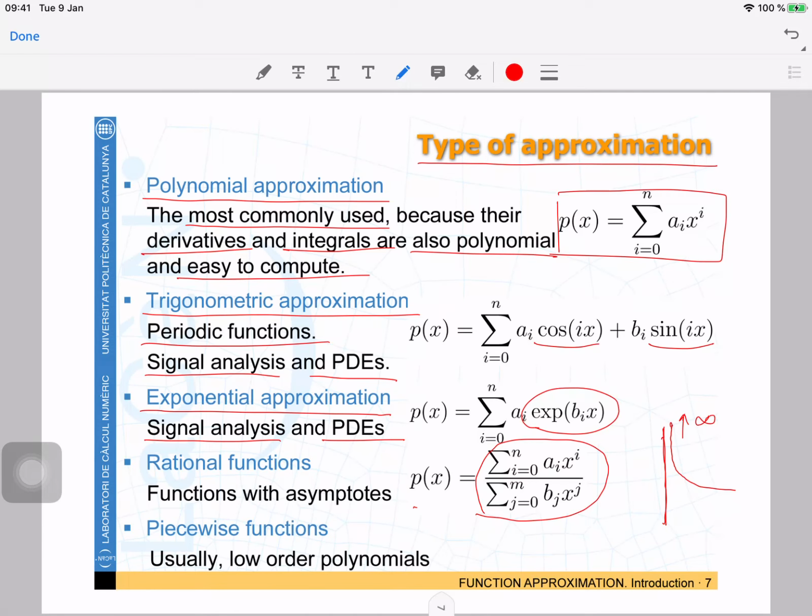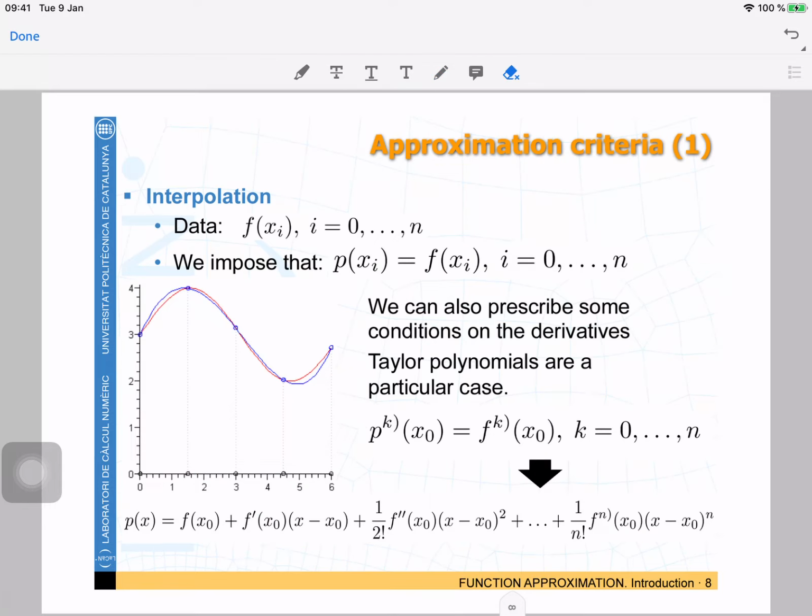The last one is piecewise functions, when you have different approximations for sections between points. So you have different approximations for each of these two points, and it is usually used for lower order polynomials.